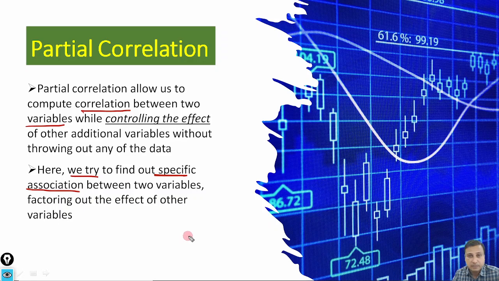What it means: suppose I have three variables, marks, salary, and a third one, IQ level. Whatever the values associated with marks and salary, they are influenced by this third variable, IQ.